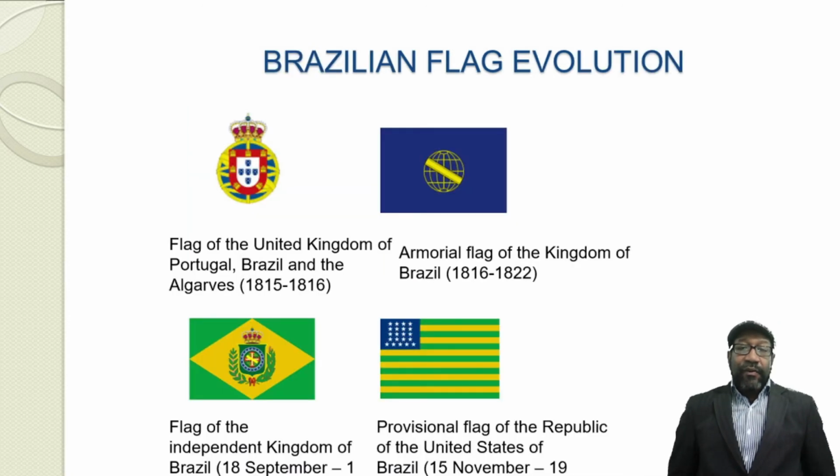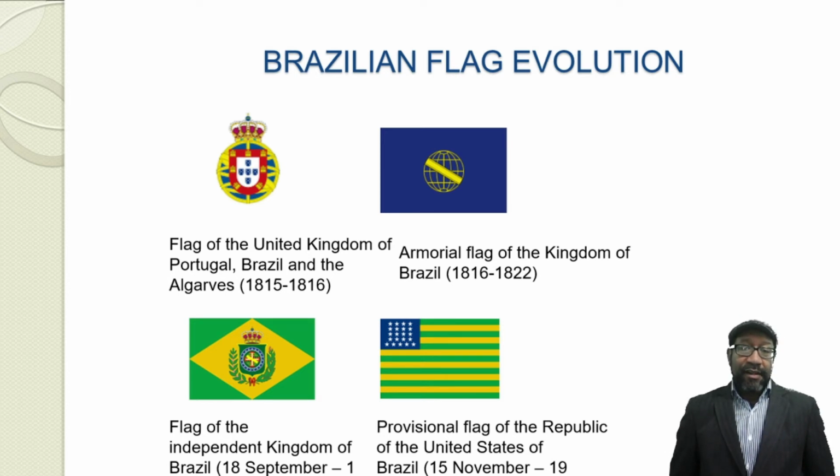Then we're gonna talk about Brazilian flag evolution. So how the Brazilian flag changed during the time. So we have here the first one, the flag of the United Kingdom of Portugal, Brazil, and Algarves, in just 1 year.